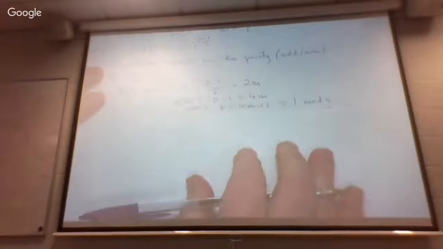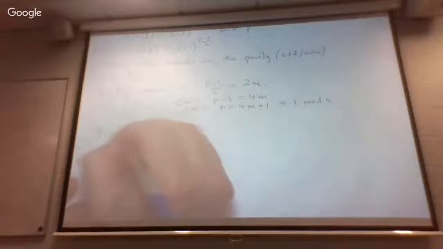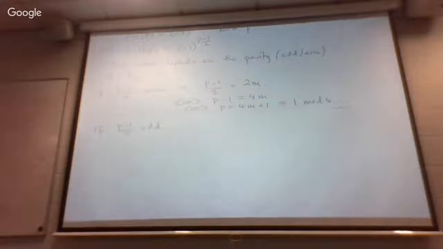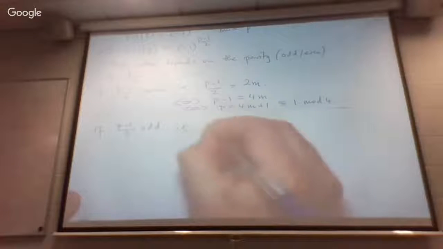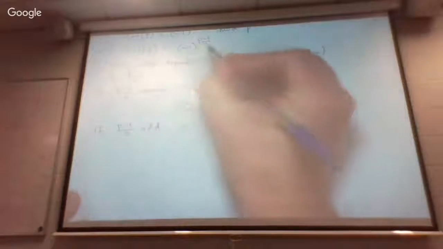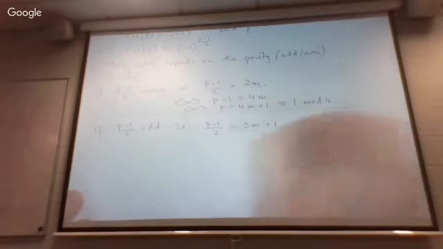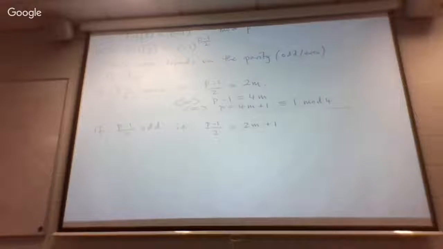Whereas if it's odd, so you get a -1 for the Legendre symbol according to Euler's criterion, well, if it's odd, that means it's equal to 2n plus 1, some integer n.